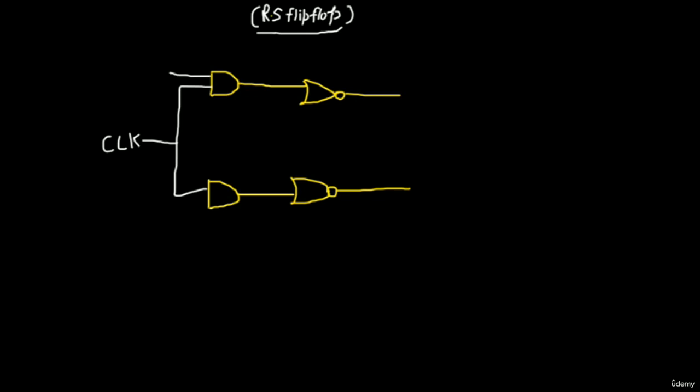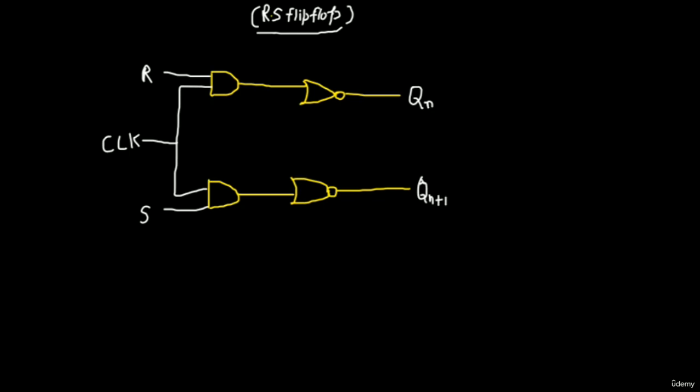So this is going to be our R, this is going to be S. You can write S and R, it doesn't matter, seriously. I just wrote it this way for fun. So Qn+1, this is the thing.